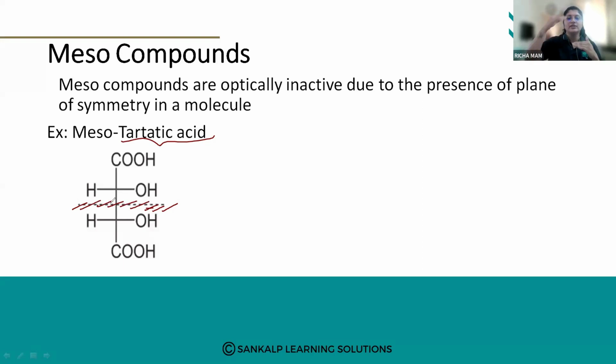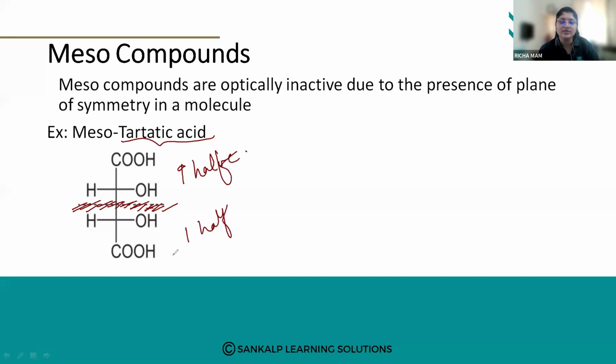You can see that the above half and the below half are the same, right? So what is happening here? When you have a plane of symmetry in a molecule, it divides the molecule into two halves, right? This is one half and this is another half.